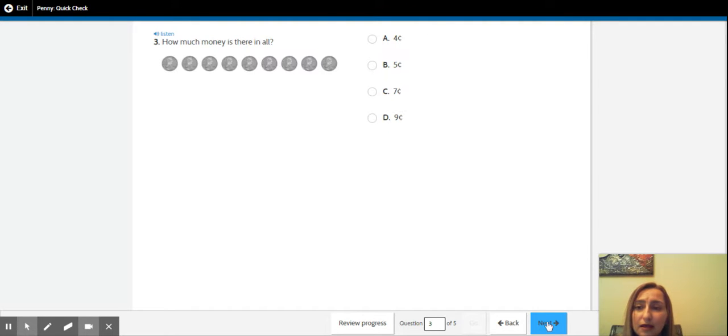Okay. Next question. How much money is there in all? Remember, in all is when you would put two groups together and add them. So in this problem, you want to know how many cents there are all together. You're going to count all this group of pennies and find out if it's 4 cents, 5, 7, or 9.